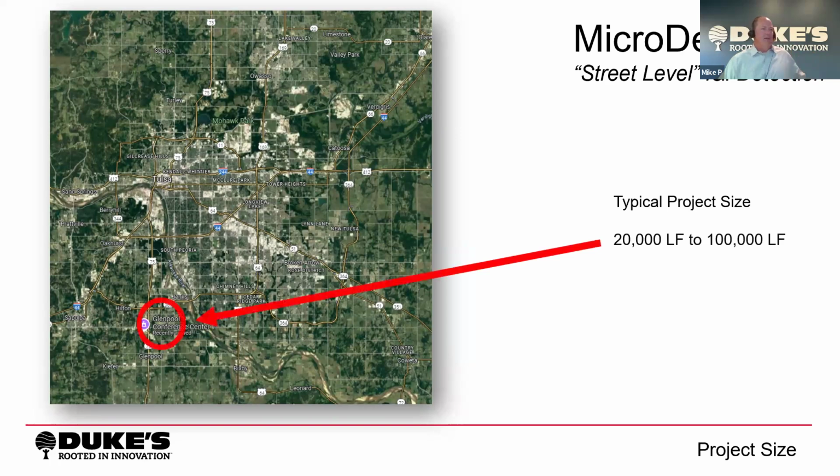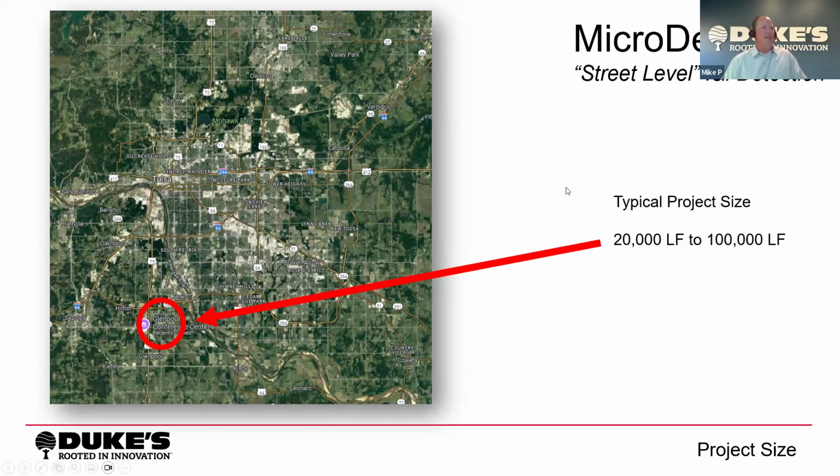To note the project size, I'm stating here 20,000 feet to 100,000 feet. That's kind of been the center part of the bell curve from what we've done in the past. But we've certainly done plenty that are less than 20,000 feet, and some that are well over 100,000 feet.